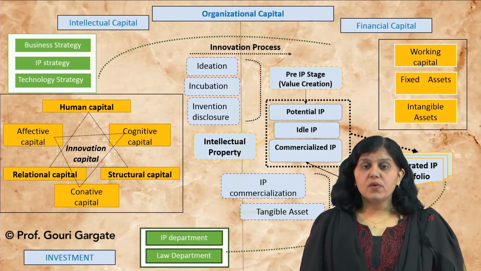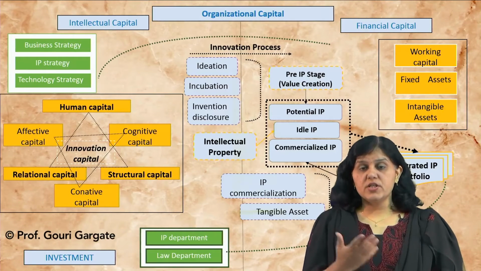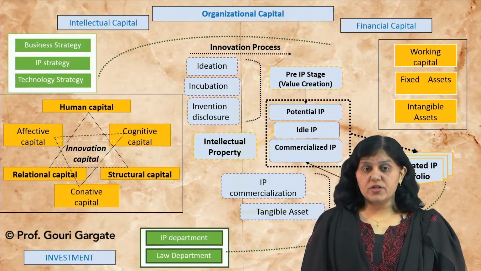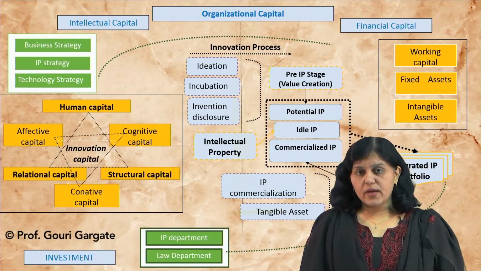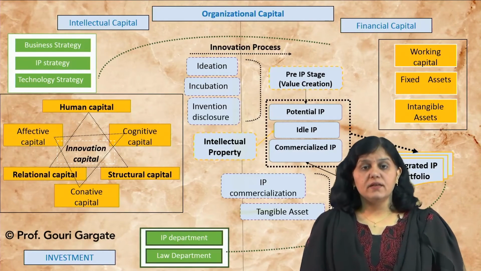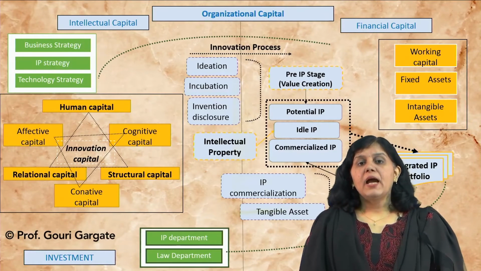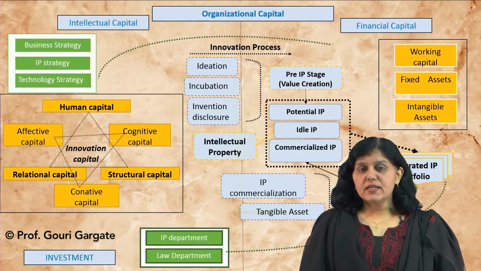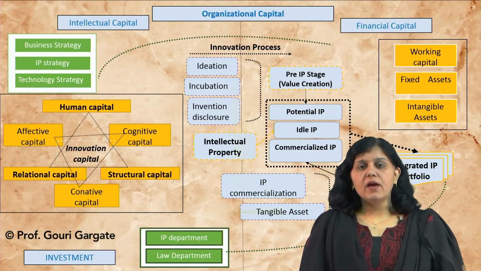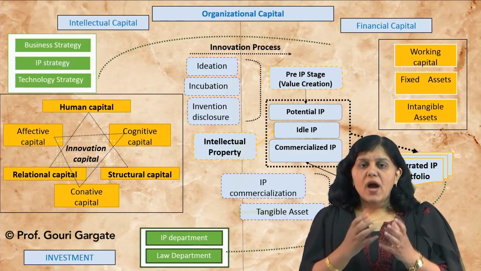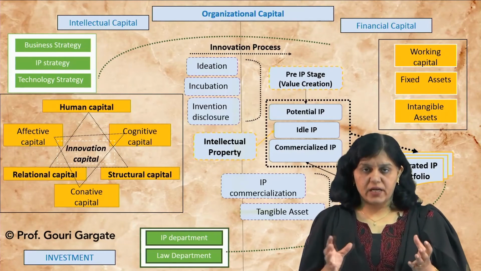Why is the legal department very important? If your invention is related to pharma, if your invention is related to the food industry, you have to follow certain rules and regulations, that FDA approvals are required. So obviously the legal department is very, very important in that case, right? And the other important thing is that when we say IP management, you have to plan that activity.